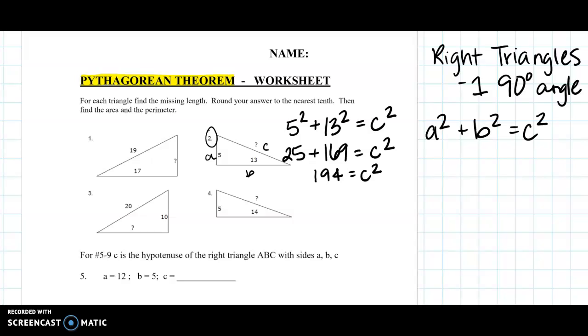To undo our squared, we use the square root. So we take the square root of both sides. We can say C is equal to the square root of 194, or we can estimate it to find out what two perfect squares it's in between.